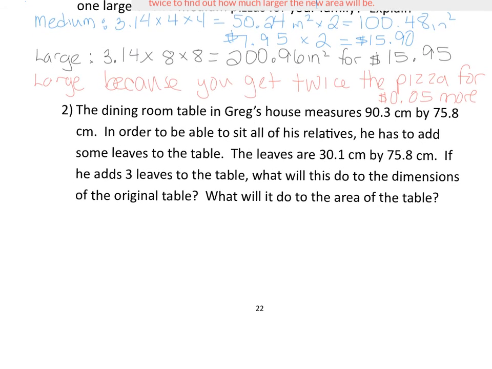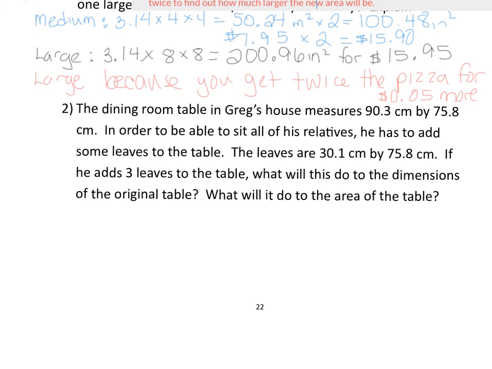Now let's go on to the final one. The dining room table in Greg's house measures 90.3 centimeters by 75.8 centimeters. In order to be able to sit all his relatives, he has to add some leaves to the table. Okay, let's address what this means, because immediately students are thinking that he's adding like tree parts to the table.